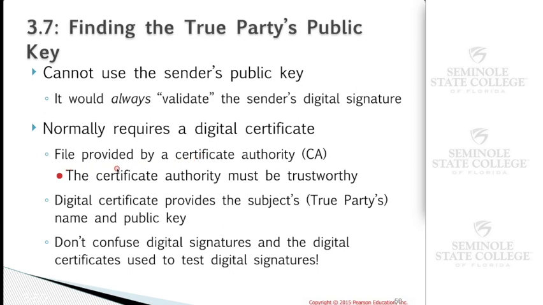So we need that to be provided by something called a certificate authority. The certificate authority needs to be trustworthy. So we have a whole bunch of certificate authorities, and I'll name one, for example, VeriSign, that can act as a certificate authority and will provide you true certificates, right?